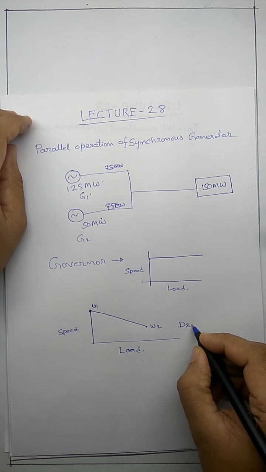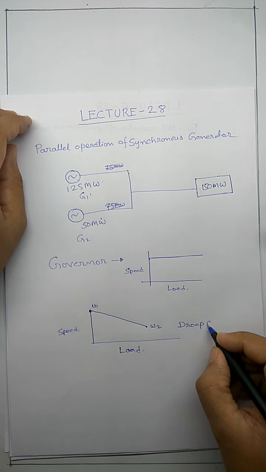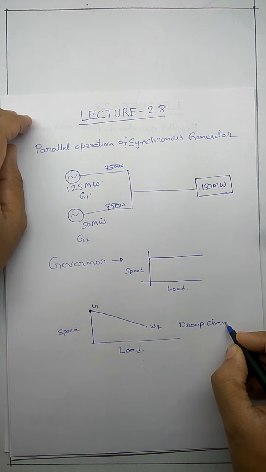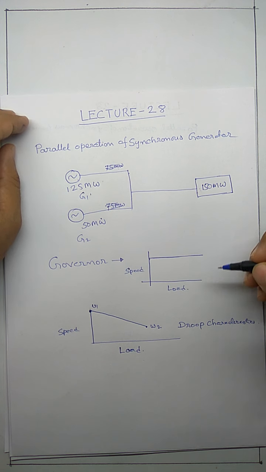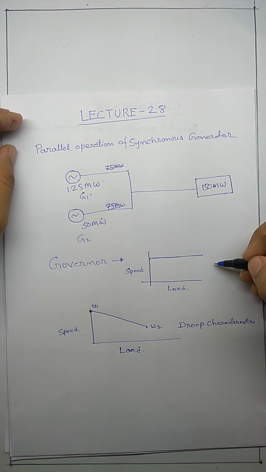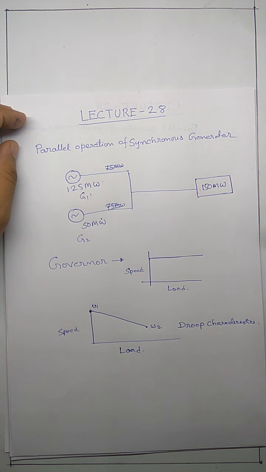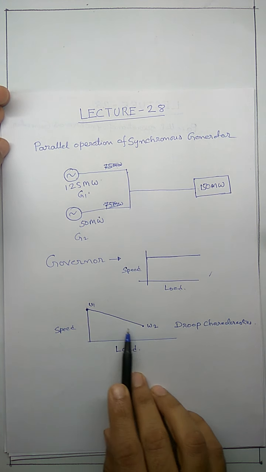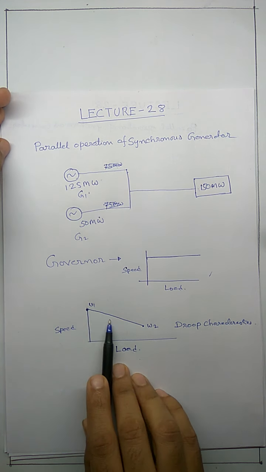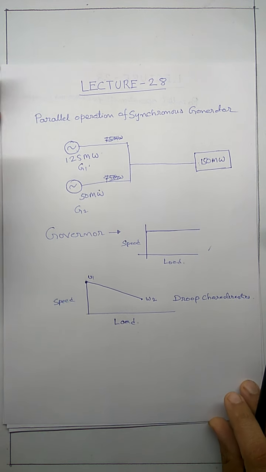This characteristic is known as isosynchronous characteristics. It is used where you have an isolated generator, only one generator, so you want the speed to remain constant. But when you want to connect more than one generator in parallel, you want a characteristic like that. That is, the speed should reduce with the load.